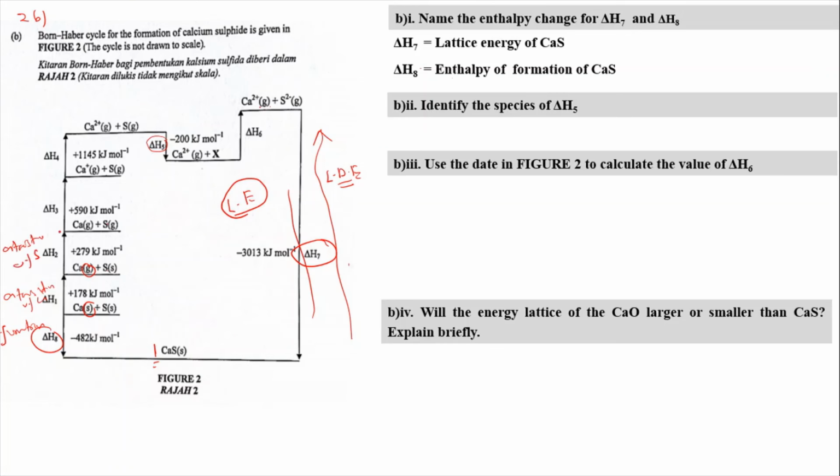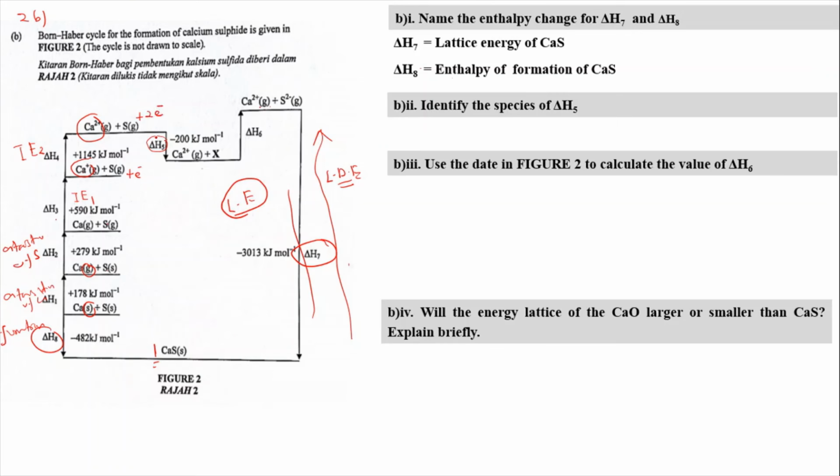And then H3 is basically the ionization energy for calcium, and then H4 is the second ionization energy for calcium, from calcium plus to calcium 2 plus. Sebenarnya masa ionization energy yang pertama, it is going to release 1 mole of electron, and then for the second ionization energy, another electron is going to be added, so it is going to become 2 electrons.